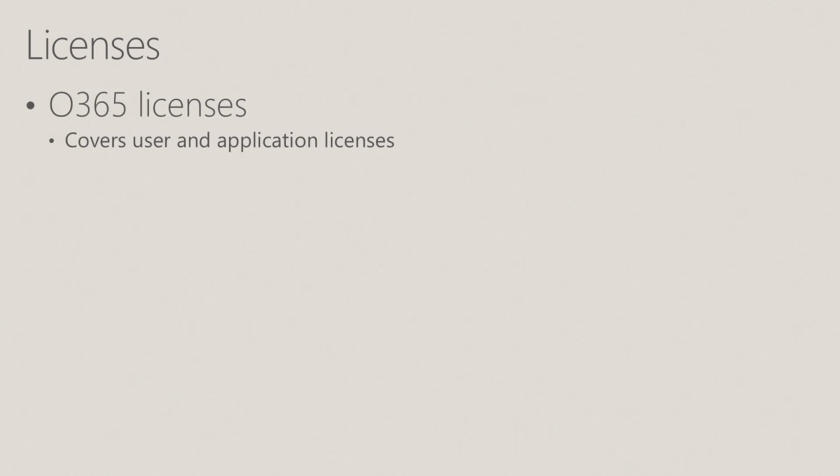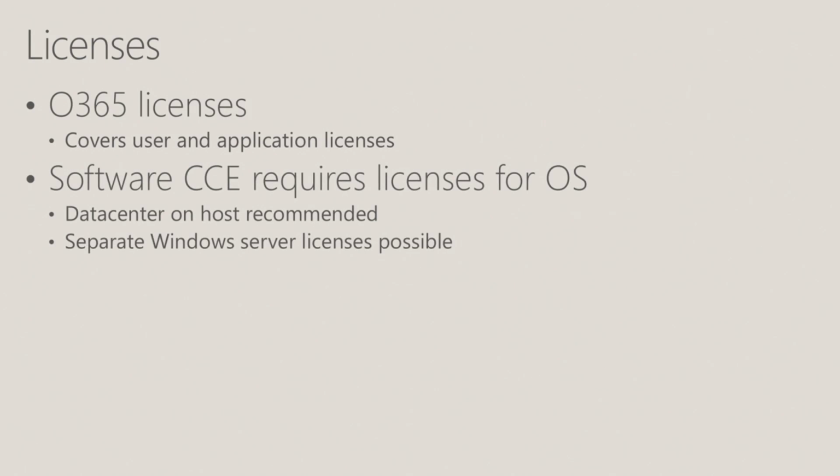Licenses required for the CCE in an SBC appliance. Office 365, we already covered. For the software CCE, if you do it yourself, you need licenses for the OS. That's for the host, recommended data center, and there is a separate Windows Server for each of the 4 VMs, so at least 5 Windows Server licenses are required to run this.